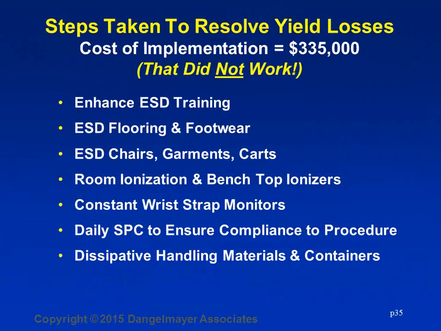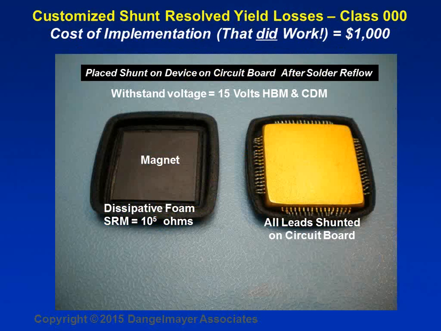We still had those 100% excursions and failure rates that were particularly troublesome. And we spent over $300,000 implementing those approaches, and they didn't work. So in the end, we developed this customized shunt.